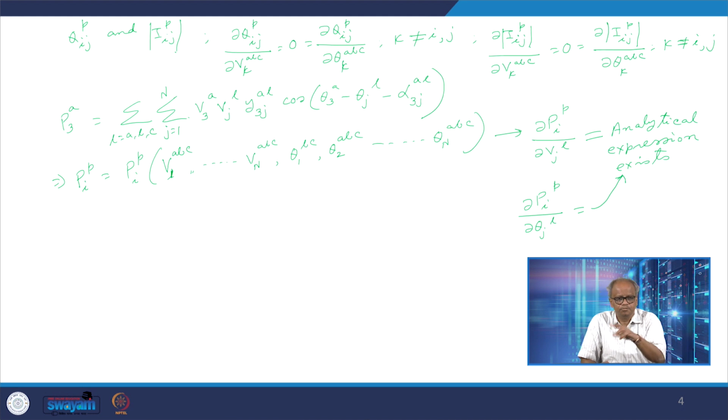If buses I and j are directly connected, then there will be some value of Yijpl, so it will be non-zero. If they are not directly connected, then Yijpl would be 0, so accordingly this expression also will turn out to be 0. After evaluation they will turn out to be 0, but the analytical expression exists.